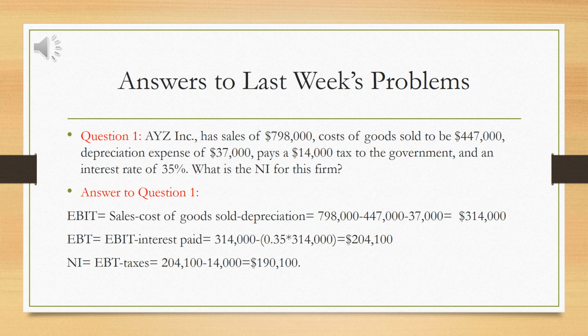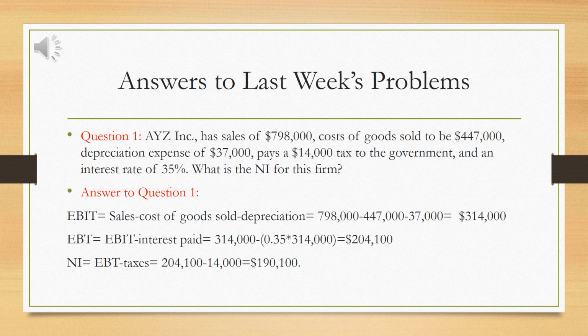So let's first find earnings before interest and tax, which is sales minus cost of goods sold minus depreciation. So 798 thou minus 447 thou minus 37 thou to give 314 thou.